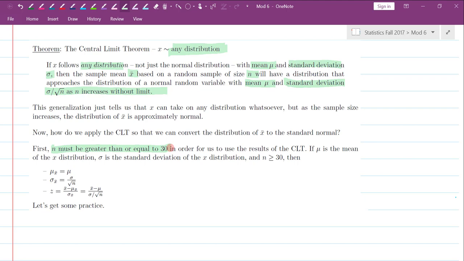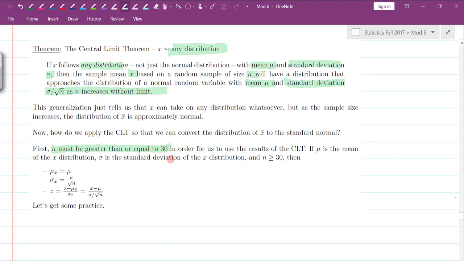But for this course, we must be able to assume that the data is coming from a normal distribution if the sample size is less than 30. If the sample size is 30 or greater, then it doesn't matter what the distribution is that the data is coming from. Because of the central limit theorem, we know that the distribution of x bar will take on a normal distribution, okay?